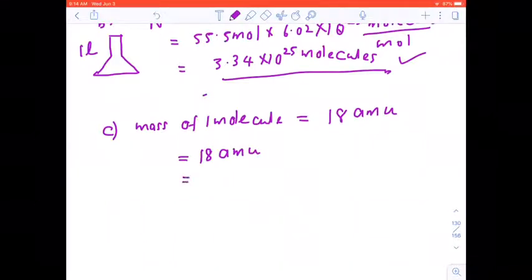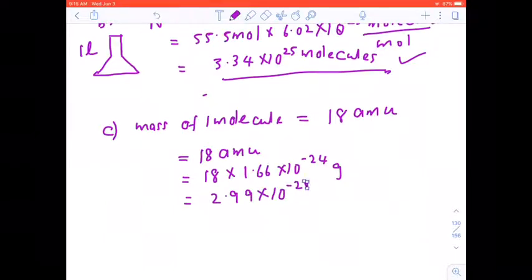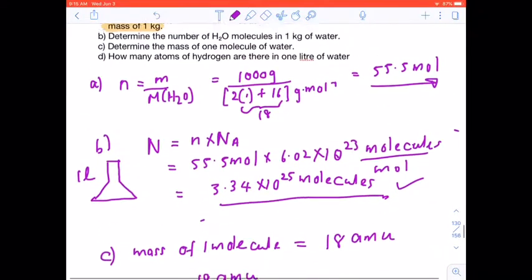An AMU is 1.66 times 10 to the minus 24 grams, which means that the mass of one molecule is 2.99 times 10 to the minus 23 grams. Right, so as you can see, it's very, very light.